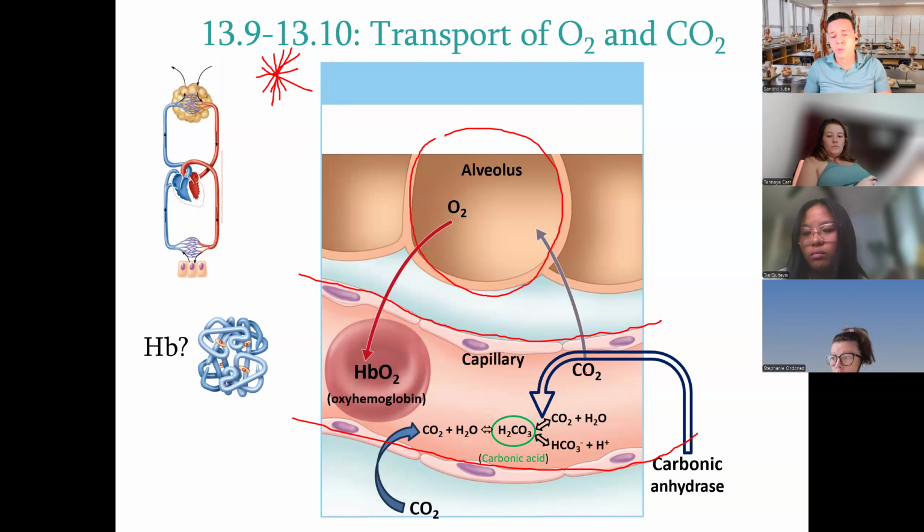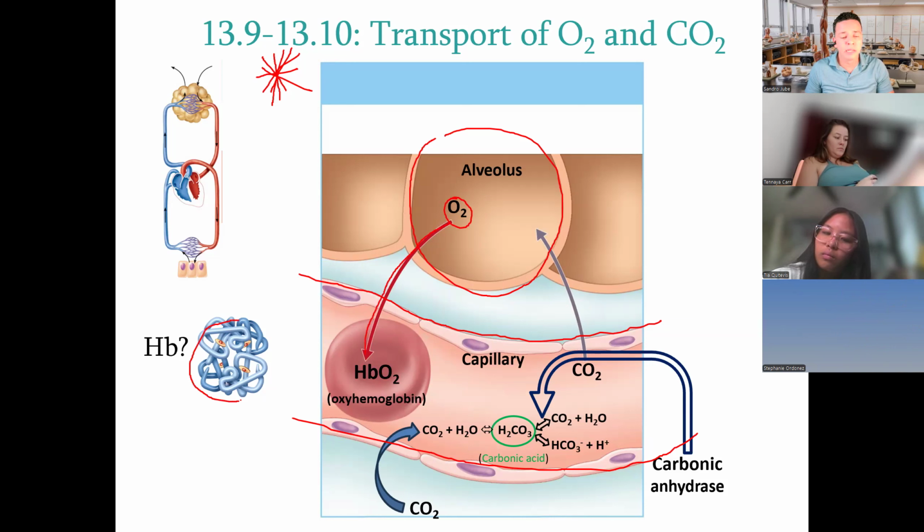The CO2 will leave the capillary and go into the lungs, so that when we exhale, we're going to get rid of the CO2, and the oxygen gas is going to go in the opposite direction. It's going to leave the alveolus and go inside the blood vessel and bind to the heme, to the iron in the hemoglobin. All right, so we have this exchange of gases.